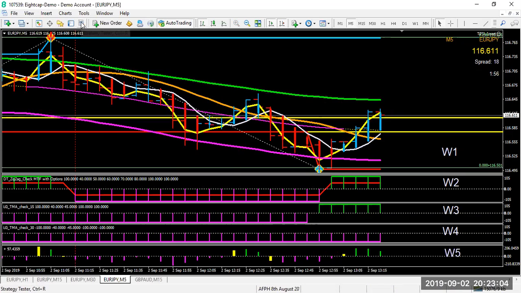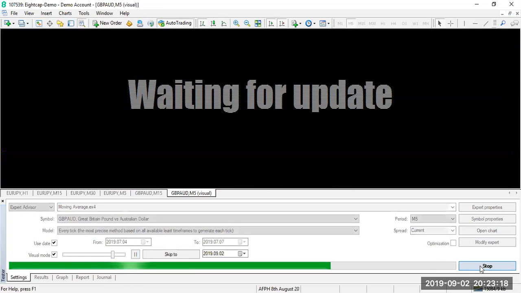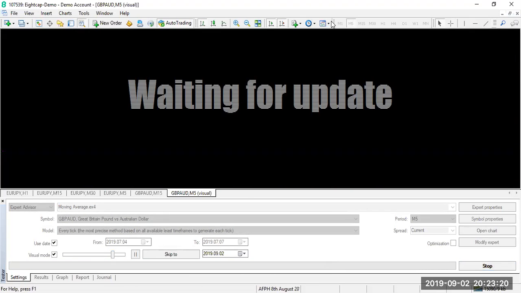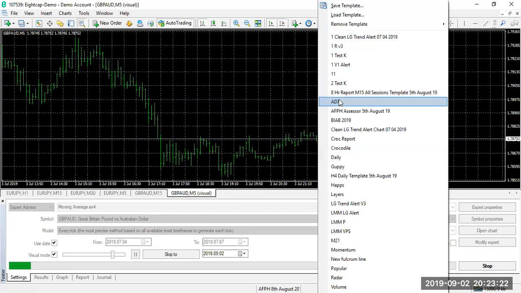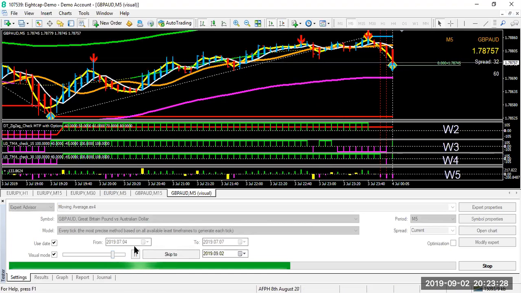Okay, let's have a little bit of a look. Okay, so strategy tester. I move my slider there so it's not so fast. I start it and place a template there. Okay.